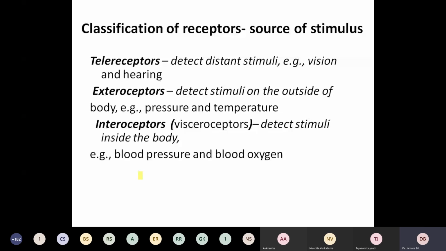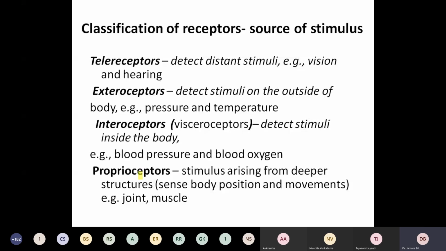And then there are interoceptors, which are present within the body. That is, visceral receptors. They detect stimuli within our body, for example blood pressure baroreceptors or chemoreceptors. And then there are proprioceptors, where the stimulus arises from the deeper structures.